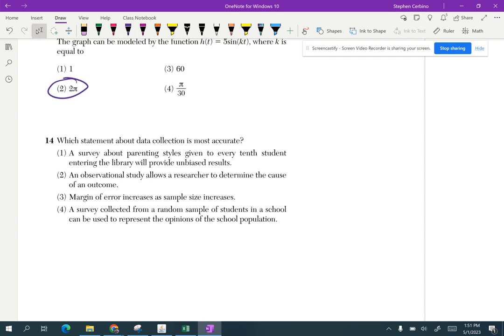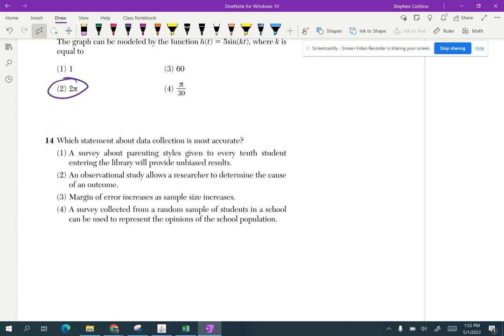Number 14 is a statistics question. Looking at this, it's asking us which is the most accurate way of collecting data. So there's a couple of reasons why choices 1 through 3 are wrong. So number 1 talks about a survey about parenting styles, and we want to ask students entering the library and wondering if that will provide unbiased results.